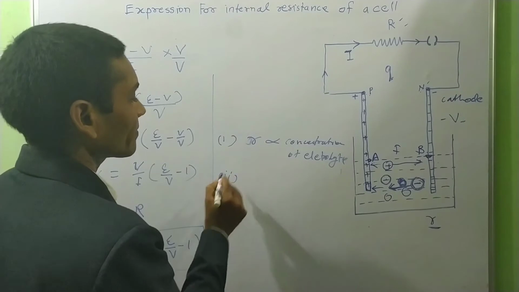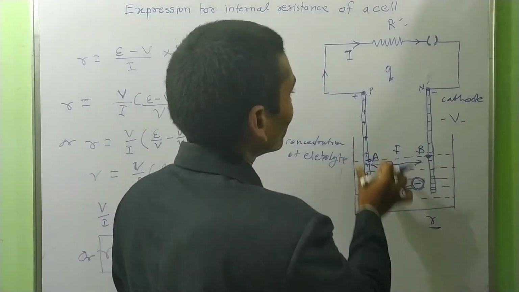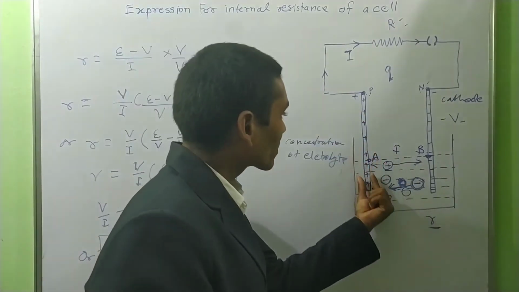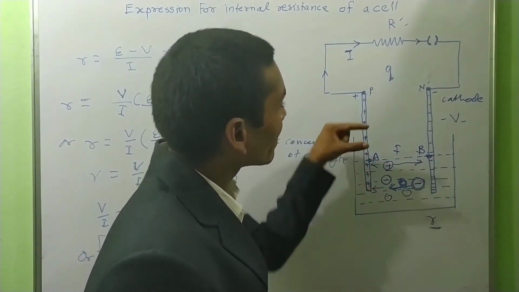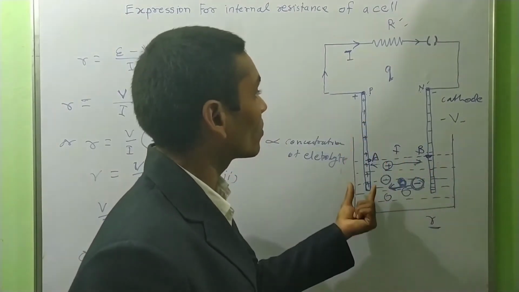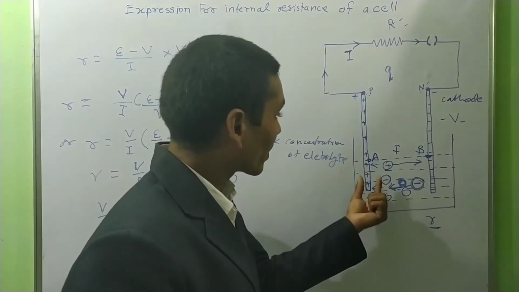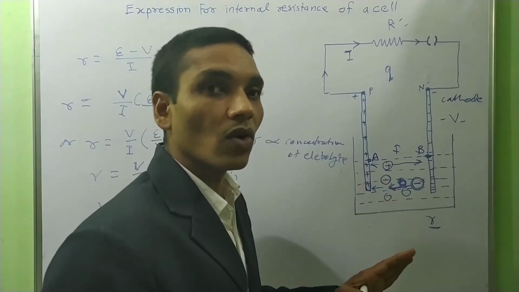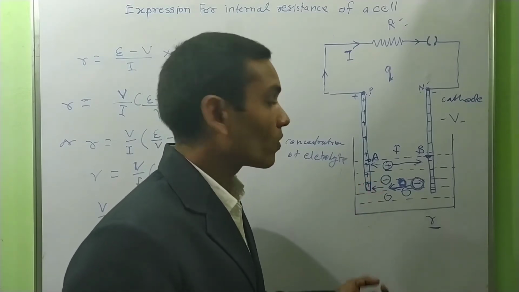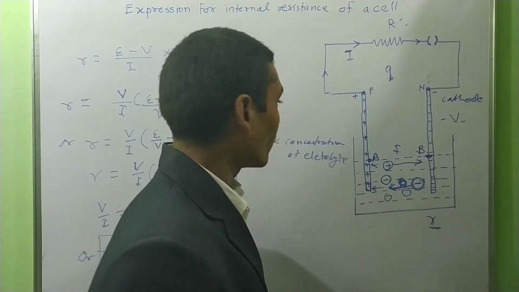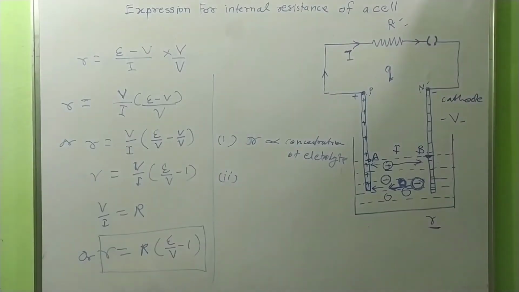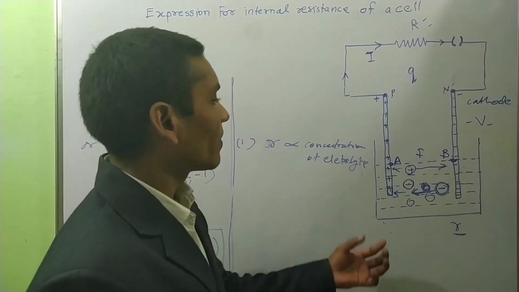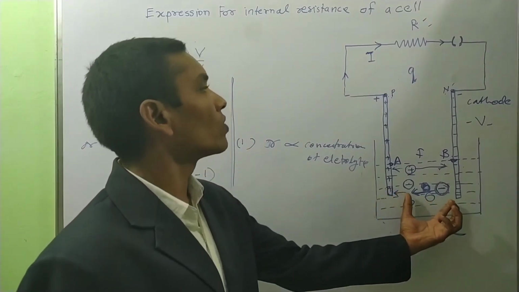And second, the internal resistance of a cell is affected by the distance between the two electrodes.